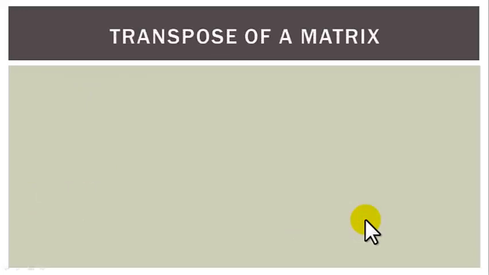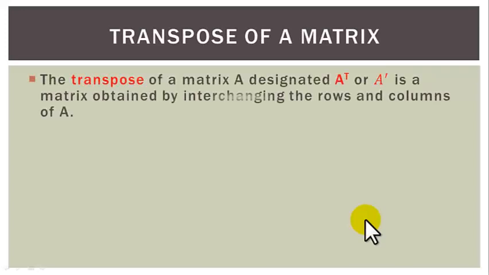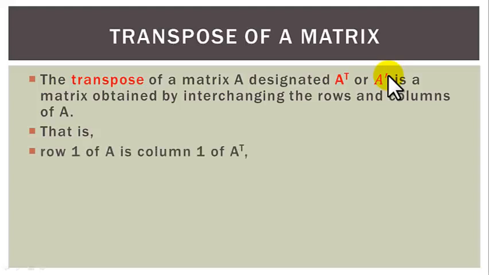Transpose of a matrix. The transpose of a matrix A, designated A to the power t or A prime, is a matrix obtained by interchanging the rows and columns of A. That is, row 1 of A is column 1 of A transpose, and vice versa. Row 2 of A is column 2 of A transpose, and vice versa, and so on.